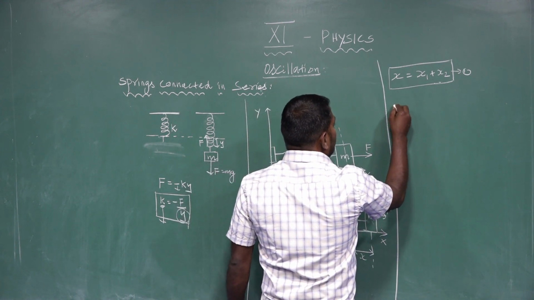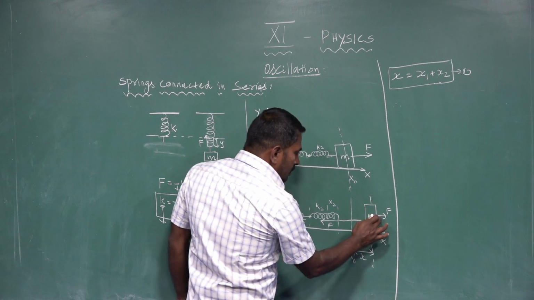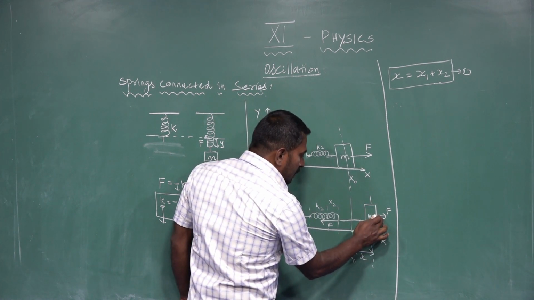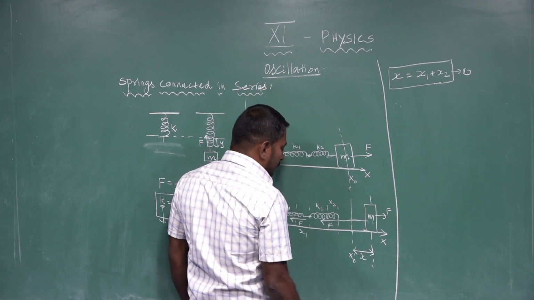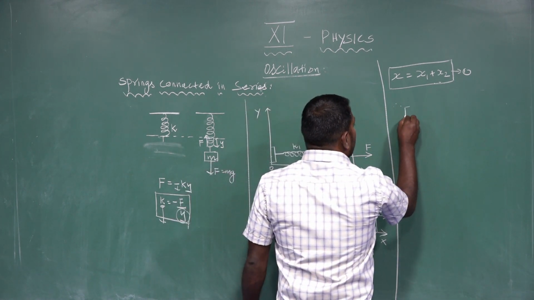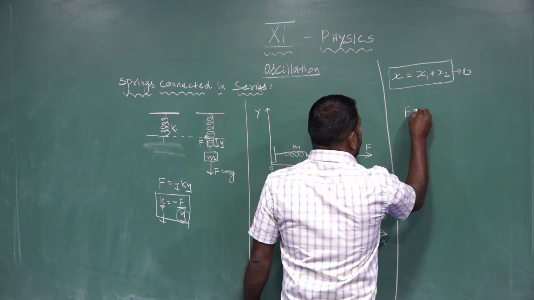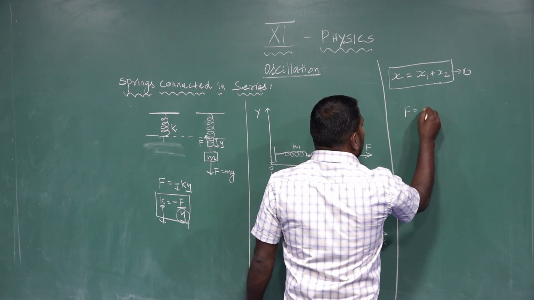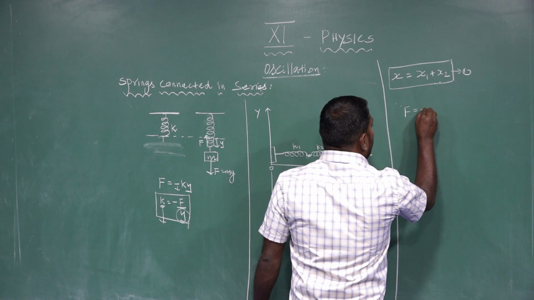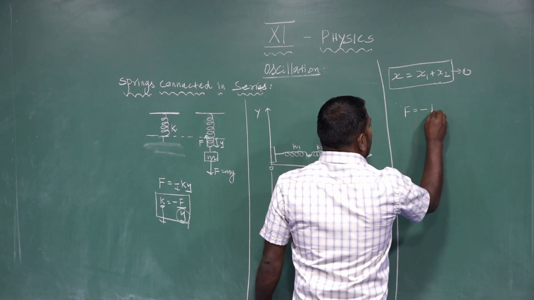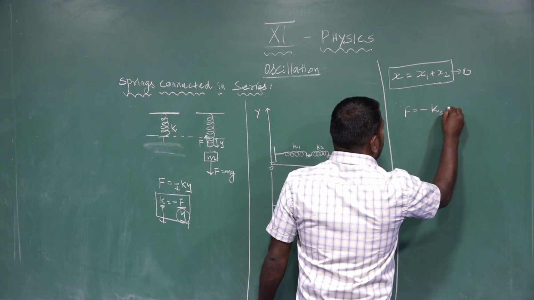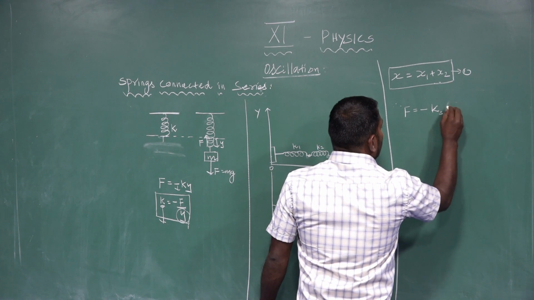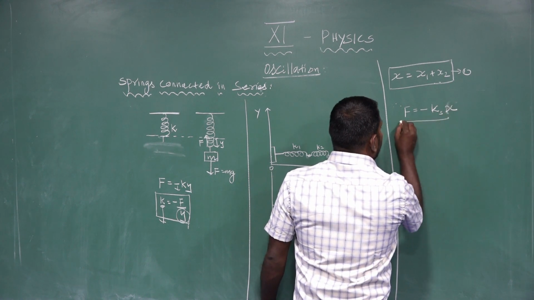Therefore, the total restoring force developed within the springs is F, which is equal to minus Ks into x.